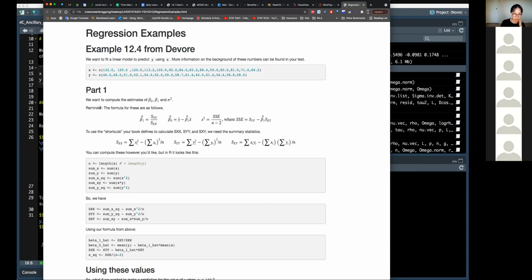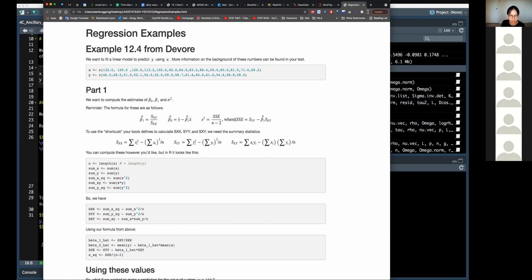Part 1: we want to compute the estimate of beta 0, beta 1, and sigma square. We know the formulas for them already from the slides, though you might not remember at this moment, so I put them here: beta 1 hat, beta 0 hat, and this S square as the estimate for sigma square.